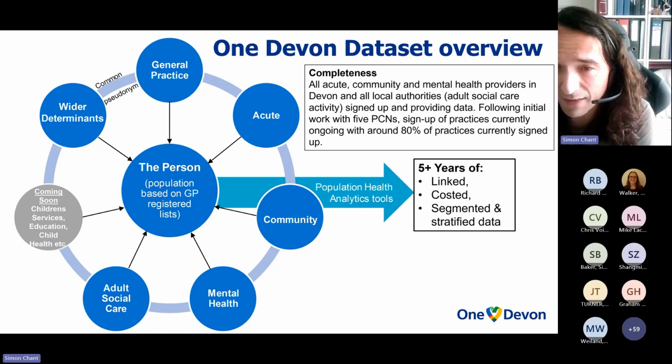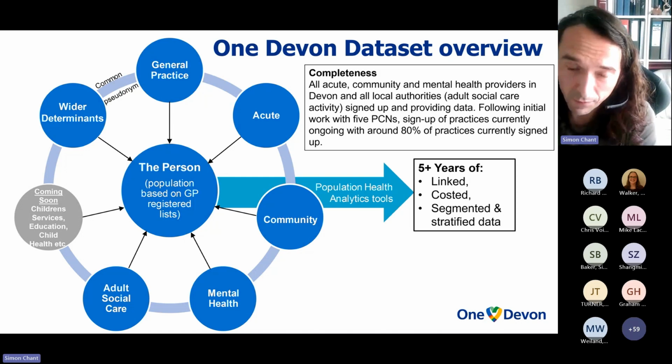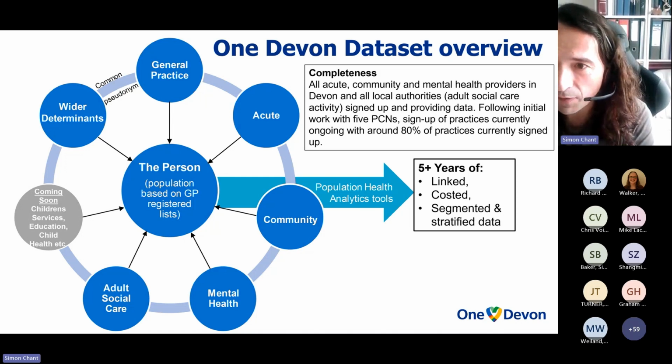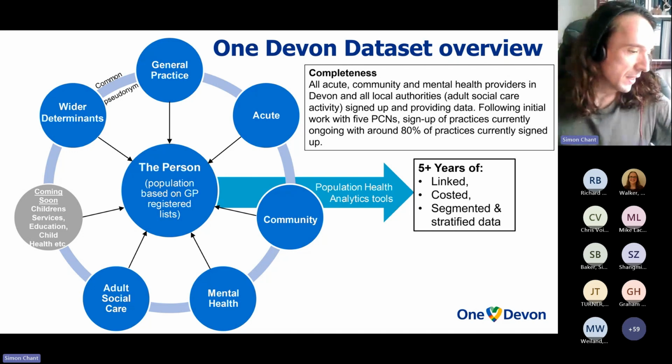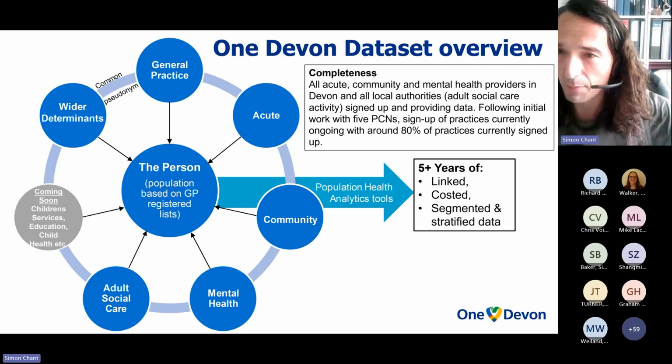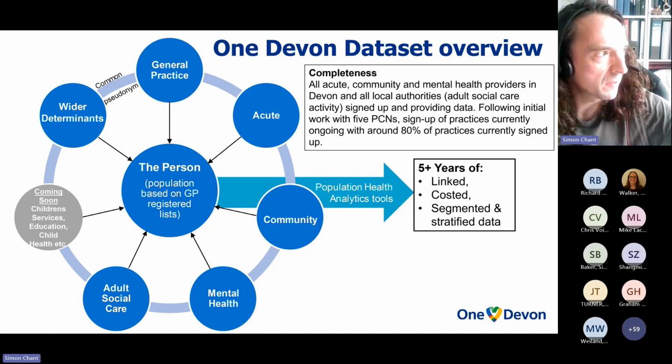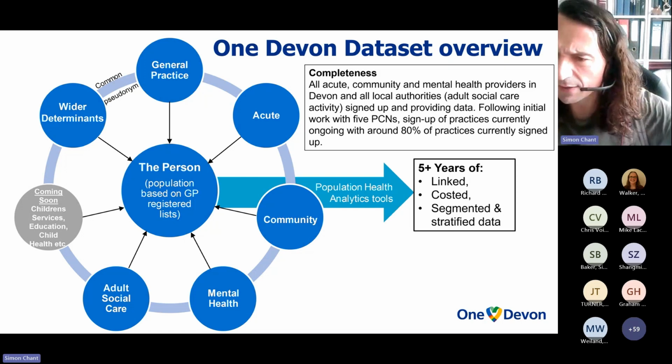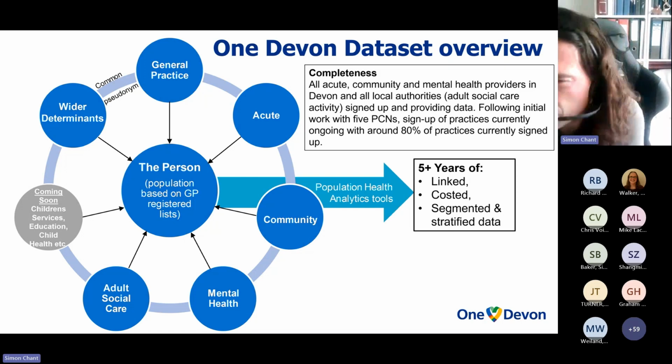In terms of completeness, we've got all the different providers signed up in terms of those larger providers, and we've got around 80% of practices currently signed up across Devon. There's a few who are still to sign up, but with that 80%, it would give us a coverage of, I think, about 900,000 to a million.